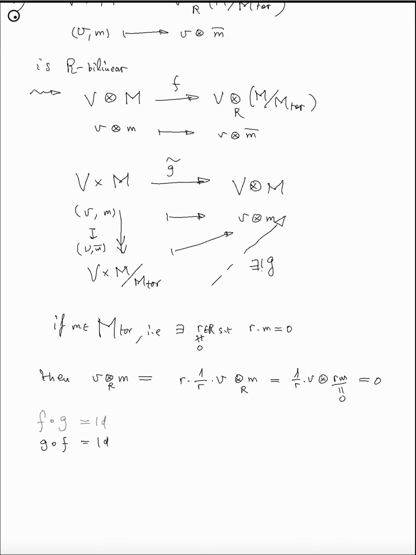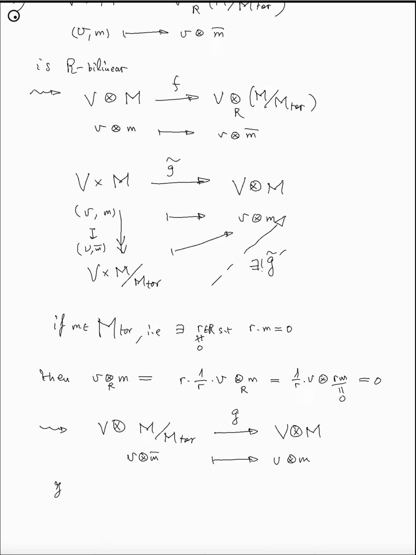Wait, sorry, not yet. This is just a bilinear map, and so this induces, by the universal property of the tensor product, a map. Let's call this G, which maps V tensor m bar to V tensor m for whatever lifting of m bar to m.